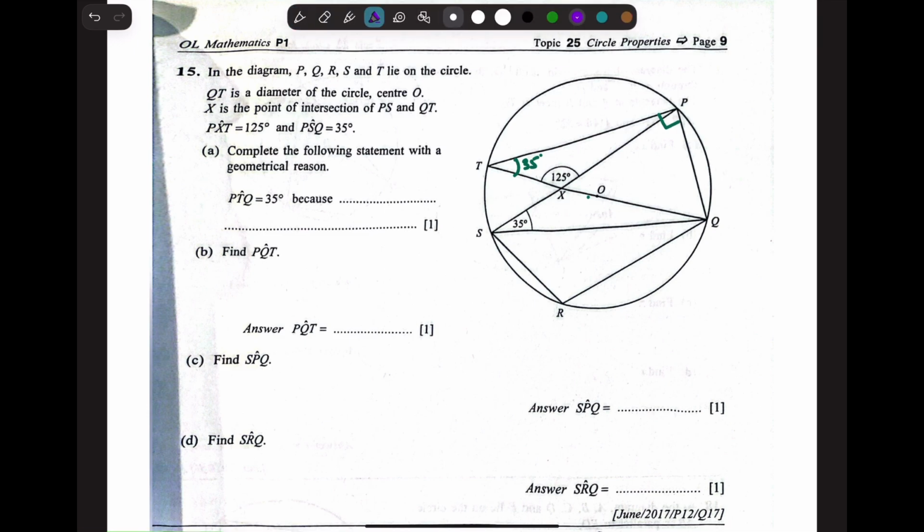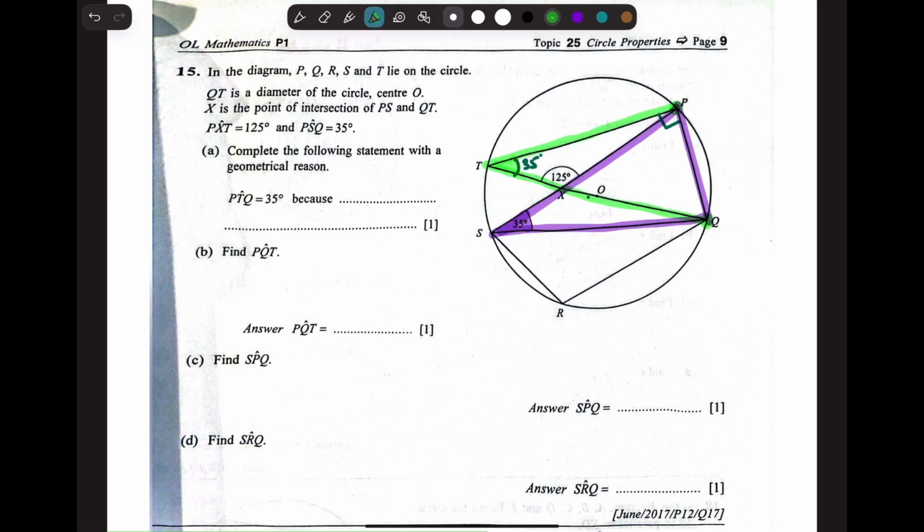So see, this is the chord PQ. So the angle made at the circumference from the ends of this chord is 35 degrees, right? And look at the ends of the same chord. They're making an angle of PTQ.